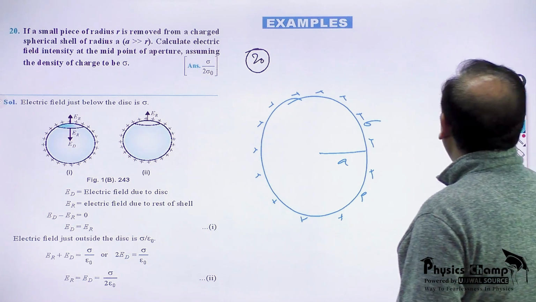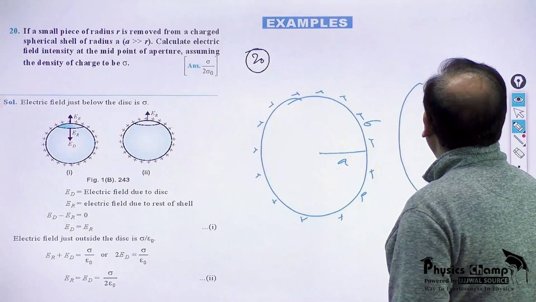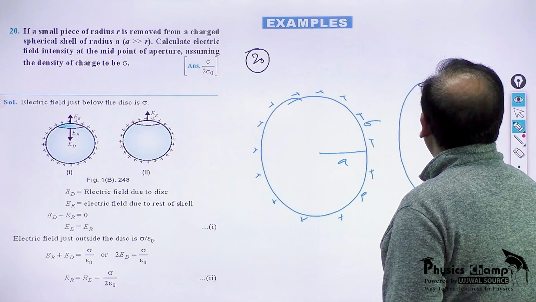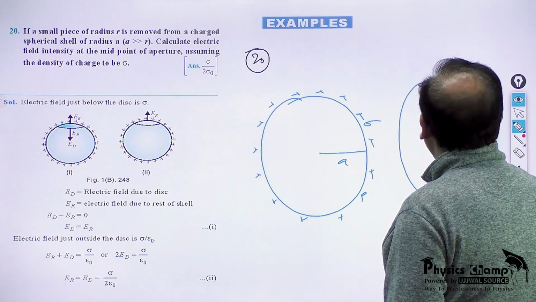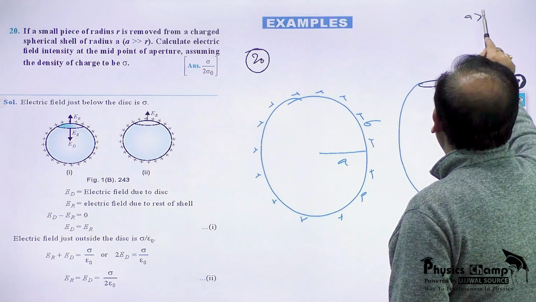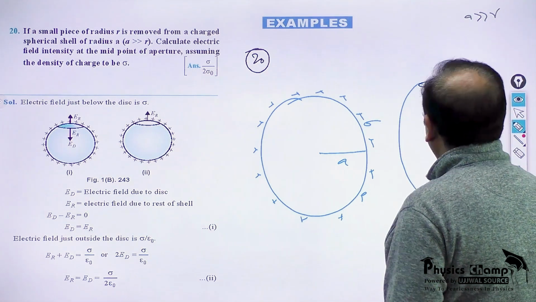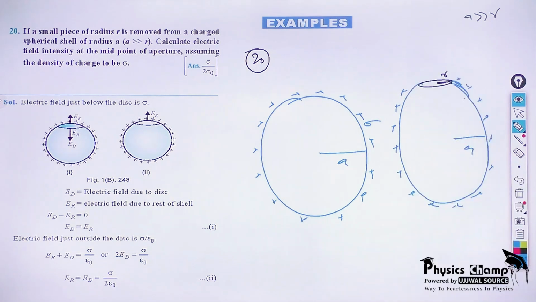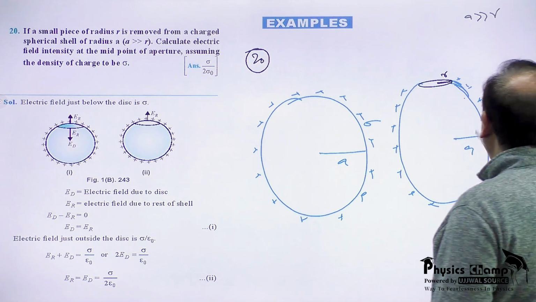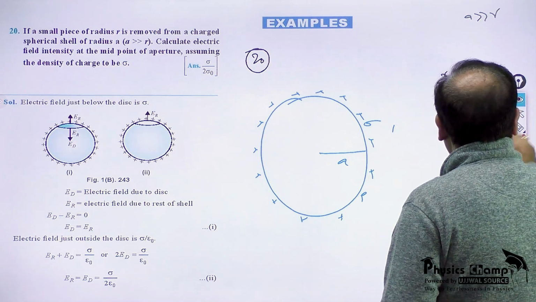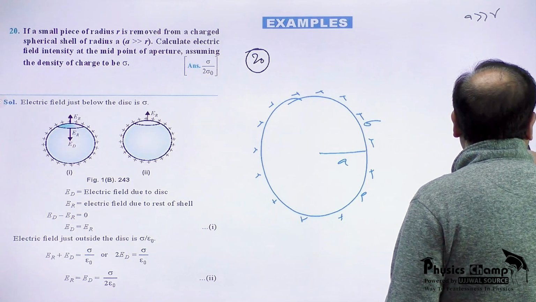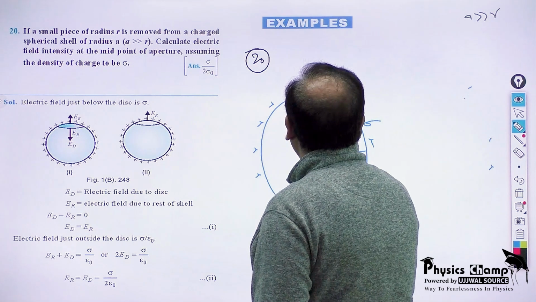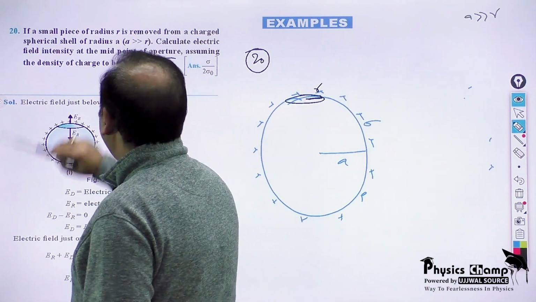Now what is done is that from this shell of radius a, we are removing a small part of radius r, where a is very big as compared to r. Question is, calculate the electric field at the midpoint of the aperture.